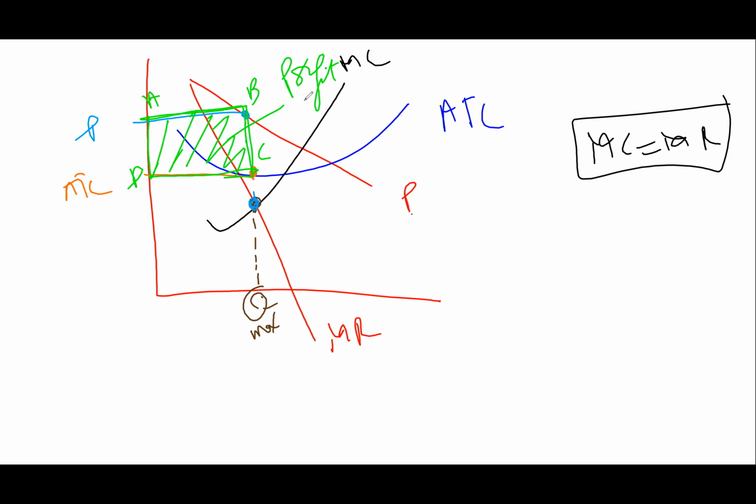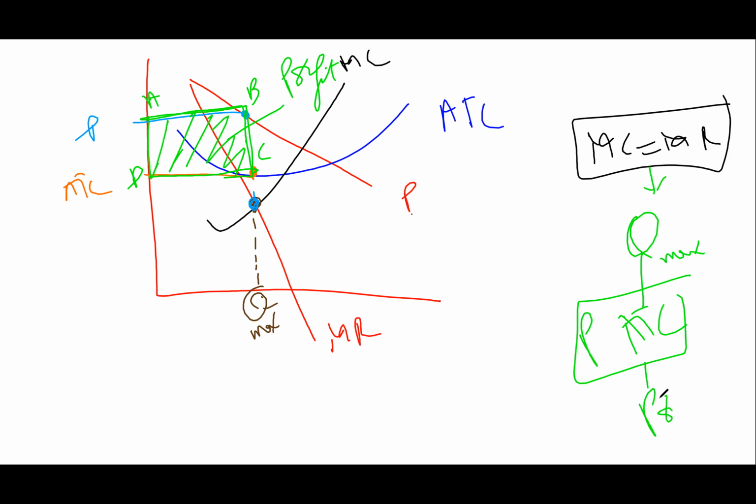So now you remember that the idea of MC equal to MR will tell you Qmax, and Qmax will tell you what should be the price and what should be the average total cost. And this will tell you the maximum profit. Right, guys? So this is how this condition, chronologically, tells you where you can find the maximum profit.